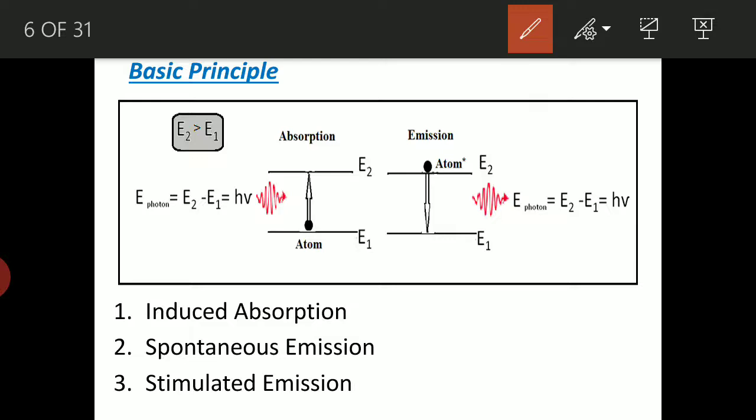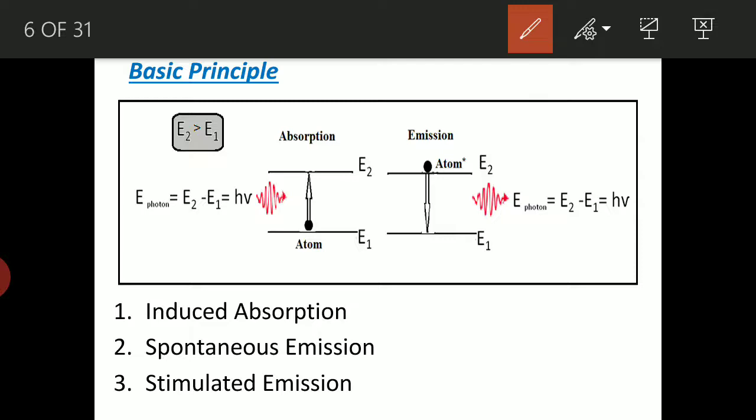E1 we consider the ground state or the lower energy, while E2 is the higher energy or the upper energy state. Usually the natural tendency of the electrons or atoms is that they want to occupy the lowest possible energy. That's why we see that more atoms are going to be in the ground state. They prefer to be in the ground state.